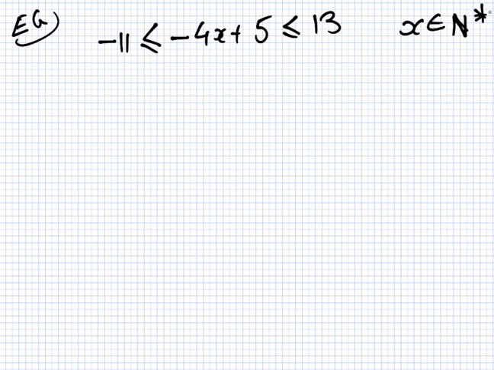So I want to know what are the possibilities for x that makes this true. Now, there are two ways to do this problem, and I'll show you both ways, and you can pick which way to do it in the exam. The first way to do this problem is to do it as two smaller problems. First we look at this, and then we look at this.